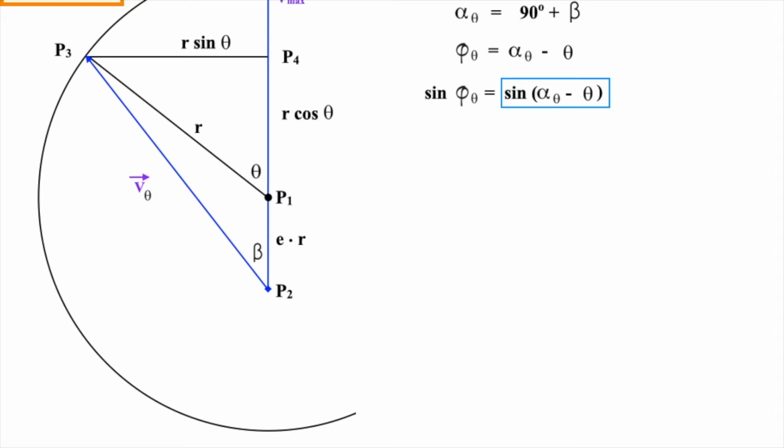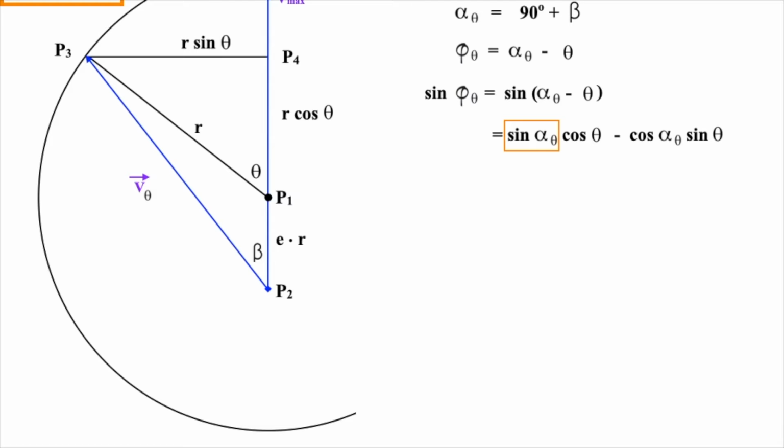There is a trigonometric identity for the sine of one angle minus another. In this case, sine of alpha minus theta equals sine alpha cosine theta minus cosine alpha sine theta. Now we use another trigonometric identity to evaluate sine alpha.